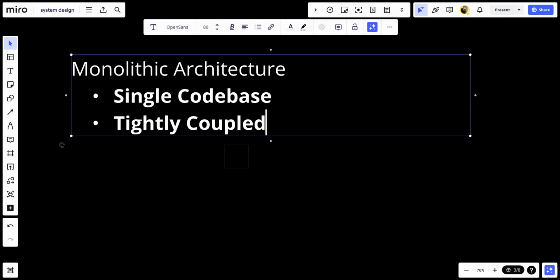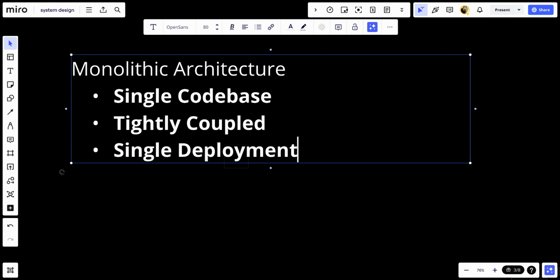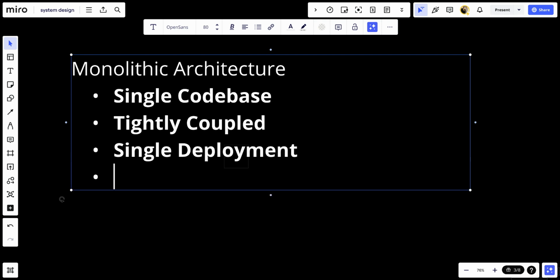All components are interconnected and interdependent. Number three, single deployment. Updates and deployments are done for the entire application at once. And lastly, we have single point of failure. If one part of the application fails, it can affect the entire system.